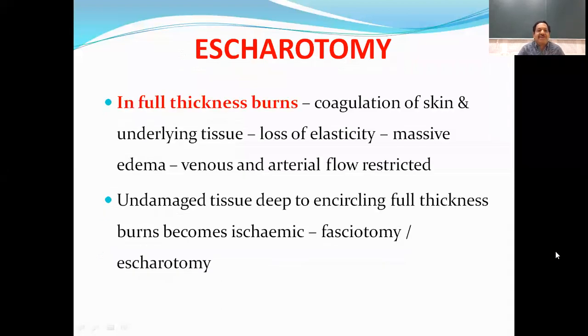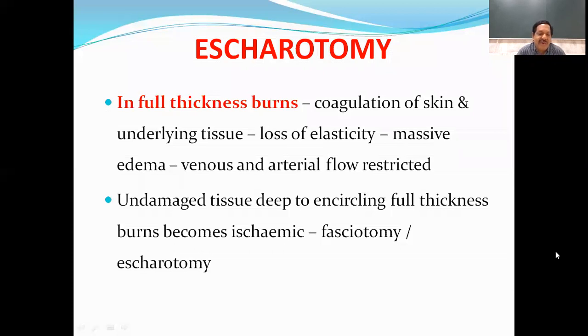In full thickness burns, when there is coagulation of the skin and underlying tissues, there is loss of elasticity. Basically, the dermis is completely lost, so skin elasticity is lost. So massive edema, as we have already seen, from intra to extra compartmental fluid shift occurs. Massive edema is produced.